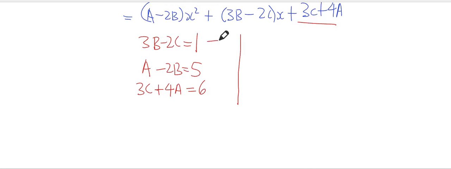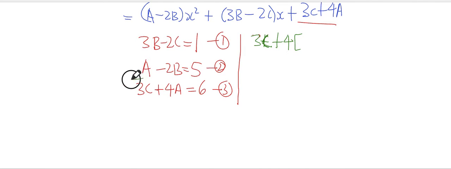Now let's solve this. That's equation 1, that's equation 2, and that is equation 3. I'm going to substitute 2 into 3. So I have 3C plus 4 times A, and A is 5 plus 2B.